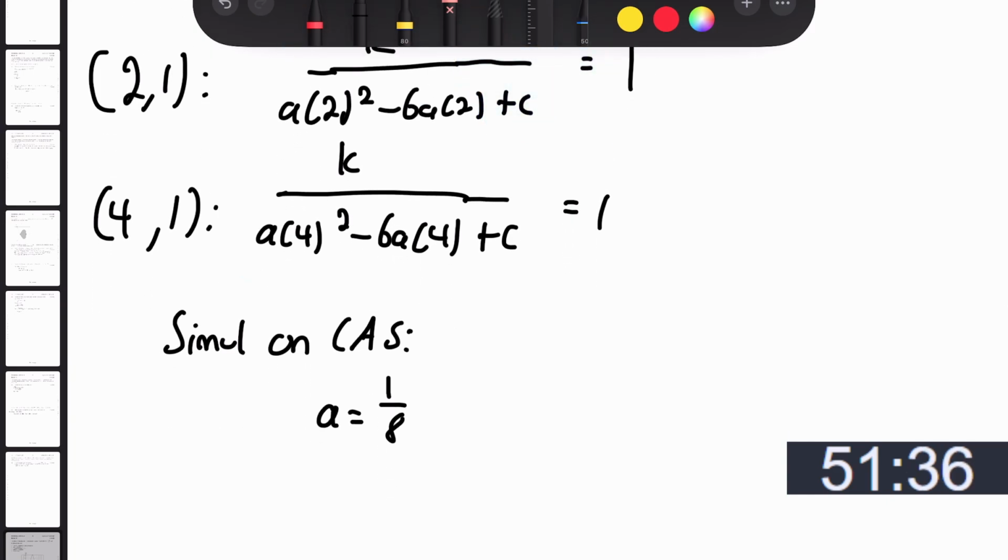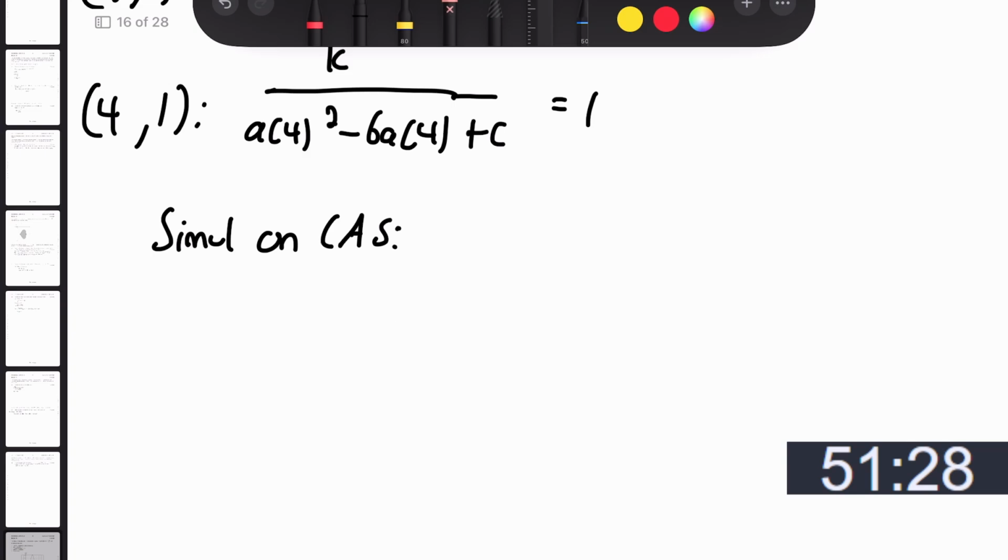Z equals Z? Doesn't help. 4 squared, 64x. No way. A is equal to C on 10. What? Why are you giving me this now?